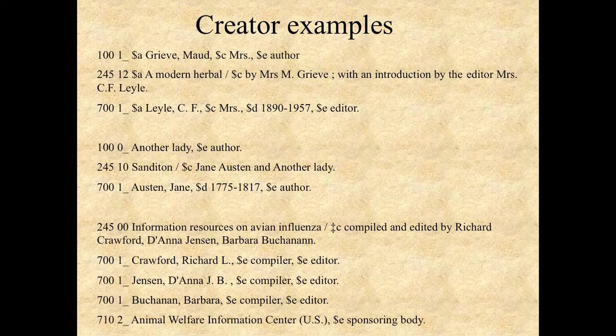All of these people are editors rather than authors, so each of them gets a 700 access point, and also, we have a 710, which is an added access point for a corporate body, which happens to be the sponsoring body in this case. So, of course, not only personal names, individual persons, but also corporate bodies can be creators or contributors.